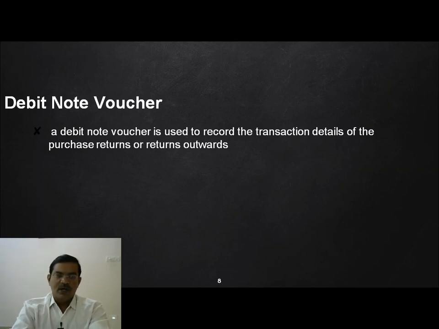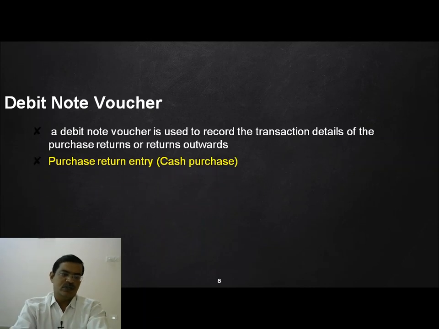Whatever we ask the supplier to provide, this much quantity, now the quality is not good. At that time, what we can do is return it. In this case, the voucher we are using is the debit note voucher.